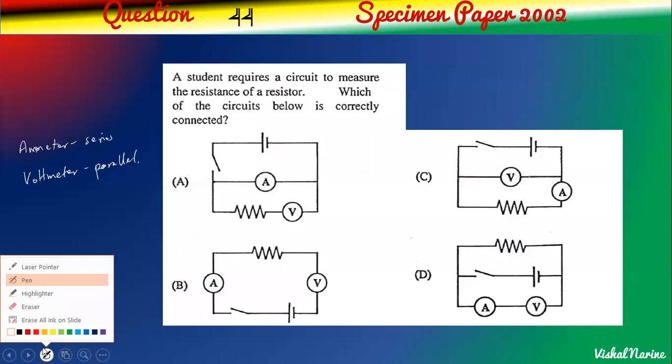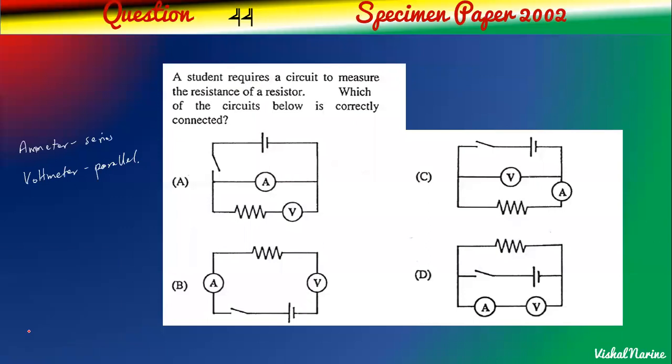All right, so we examine the diagrams. Which one there has the ammeter in series and the voltmeter in parallel? And yes, I see a few persons already spotted. It is C.